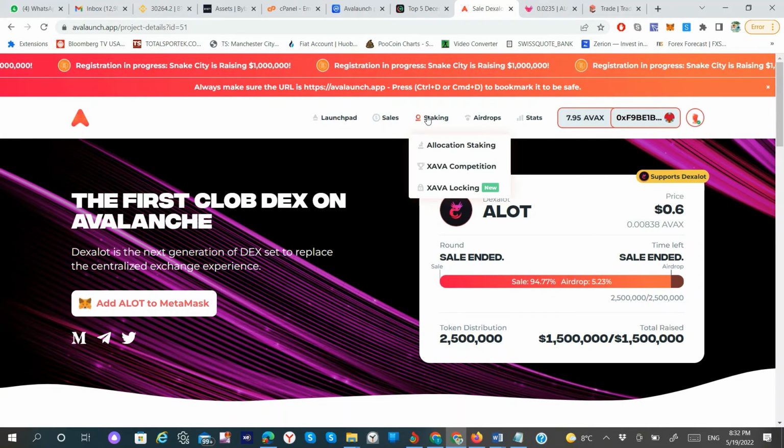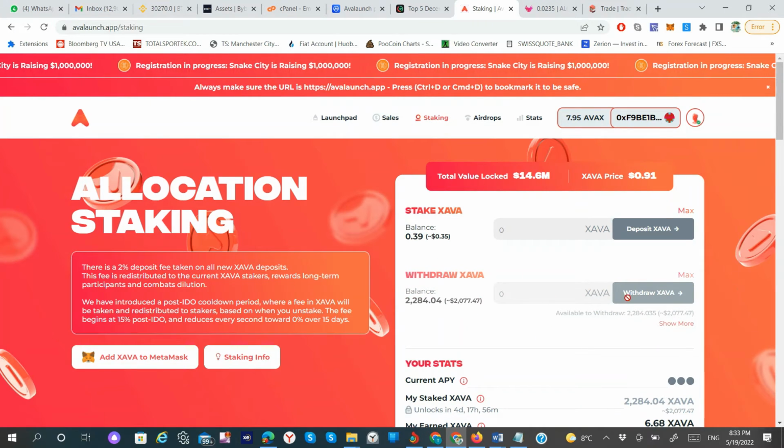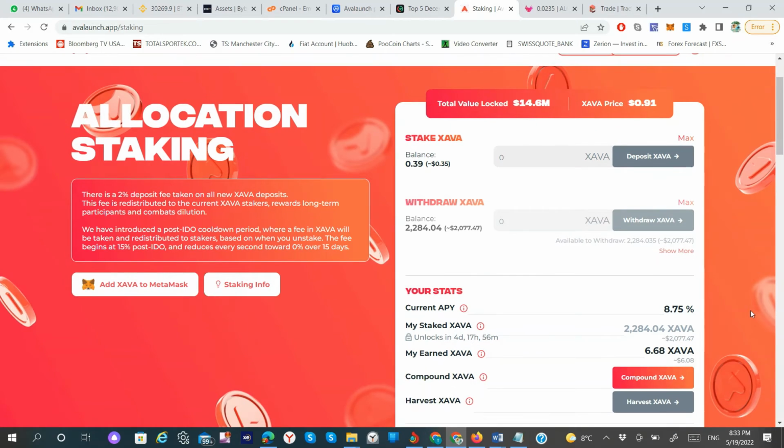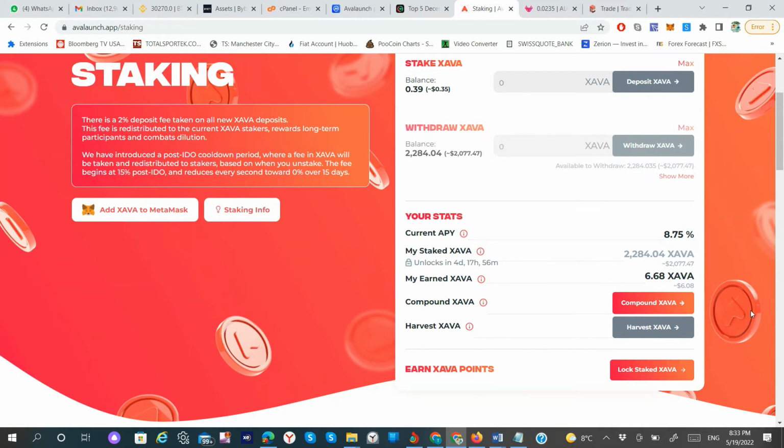Once you stake in allocation staking, you'll be qualified to buy IDOs from Avalaunch. I also have interest earned for staking this quantity of Hava. Prices of cryptos now are down.